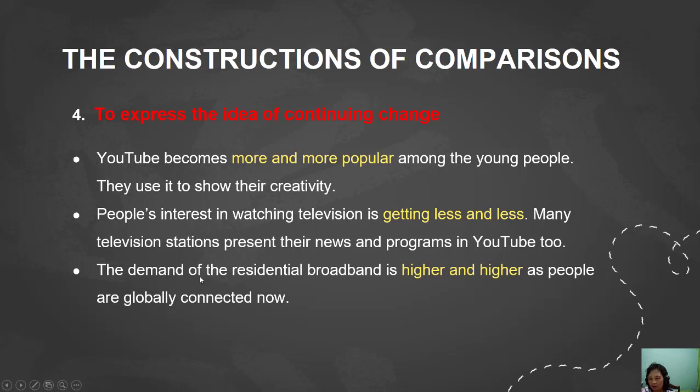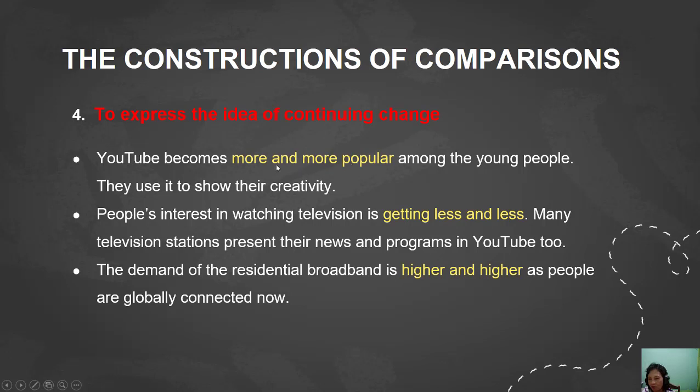The demand of the residential broadband is higher and higher as people are globally connected now. So, of course, you cannot have "high and high". So you must have higher and higher. Don't forget with this, more and more popular.